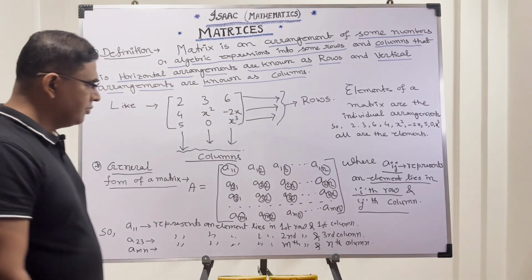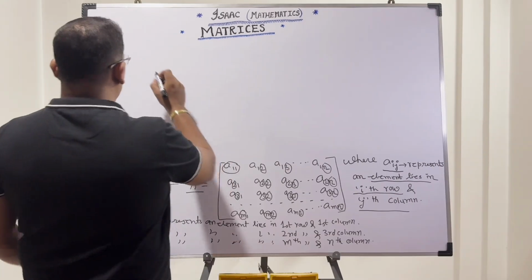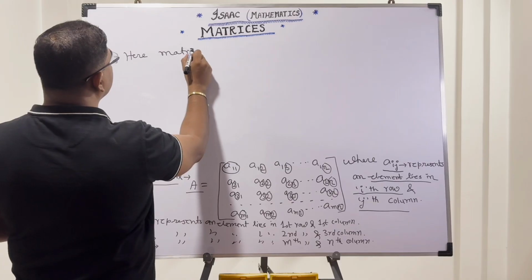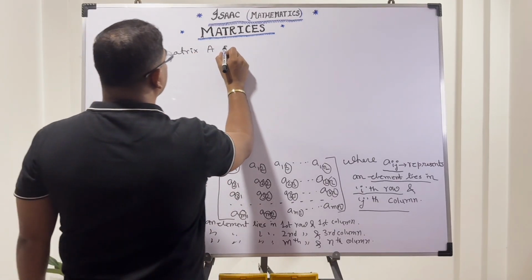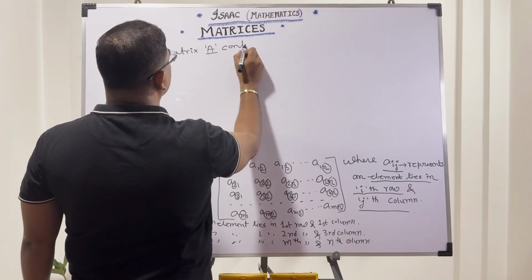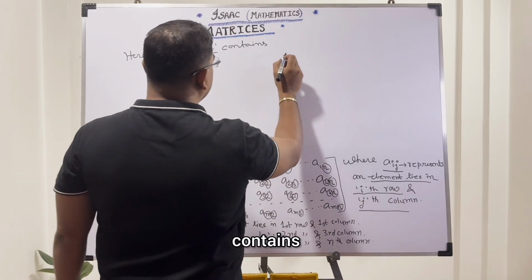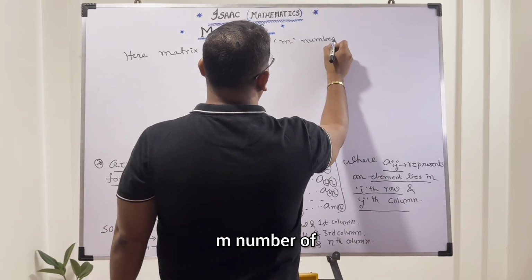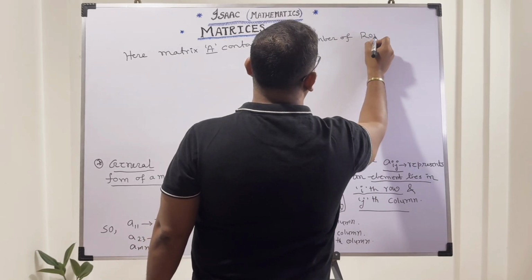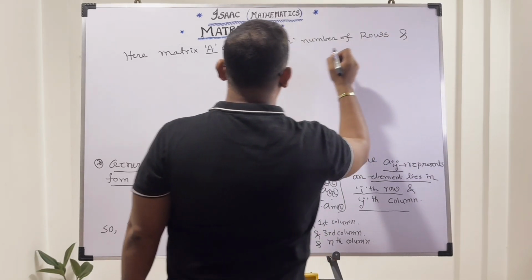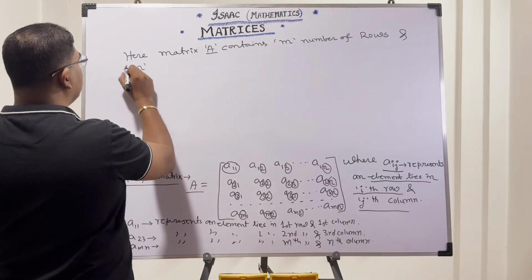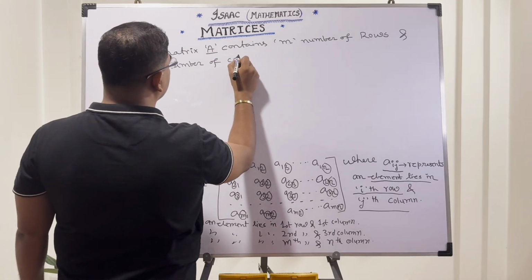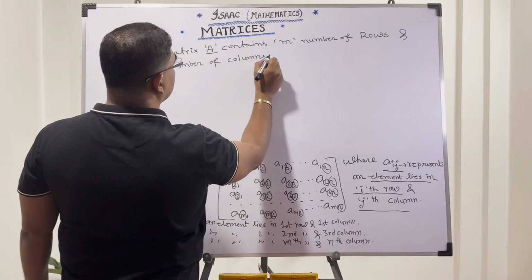Okay, so here matrix A contains m number of rows and n number of columns.